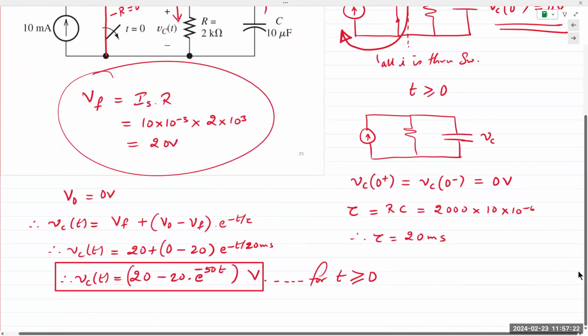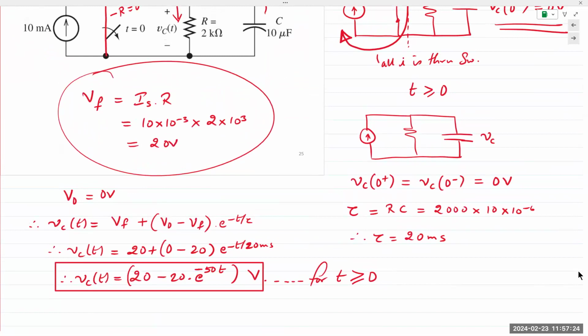Now, as engineers, if you come across this kind of problem, you should be able to break it up into different pieces depending on what the problem statement gives you. The problem statement says at time t equal to 0, the switch is flipped to position 1. 5 milliseconds later, it goes to position 2, and then position 3 and 4 and 5, and so forth.